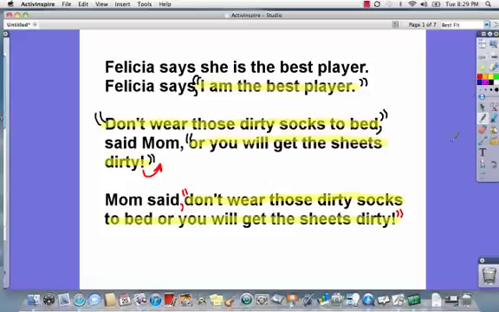Can you see what it is? It's a capital. Mom's sentence, "Don't," is the first word of her quote, so it needs to be a capital D. Yes, I'm aware it's not the beginning of this sentence, but since it is her quote, her words, her sentence, inside those quotation marks, it needs to be capitalized because that's the first word of her words. I know that's confusing, but that's the rule.